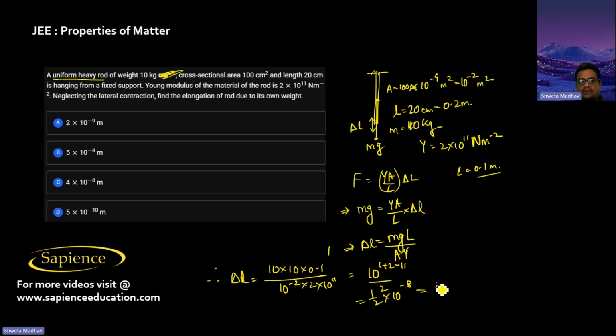It is equal to 5 into 10 power minus 9 meter. So it means none of the answers are correct.